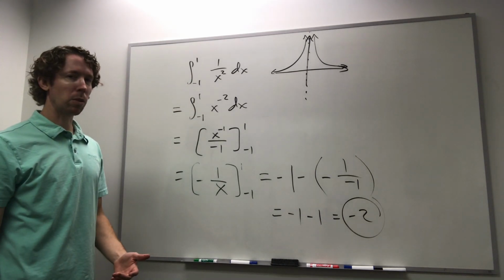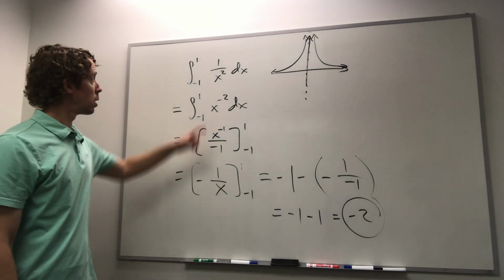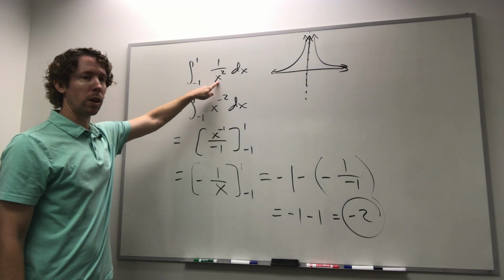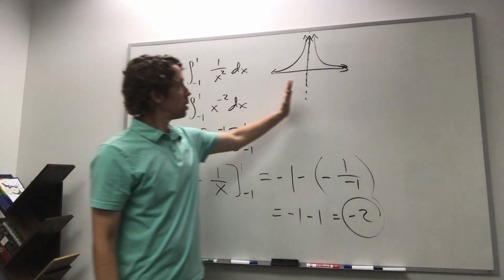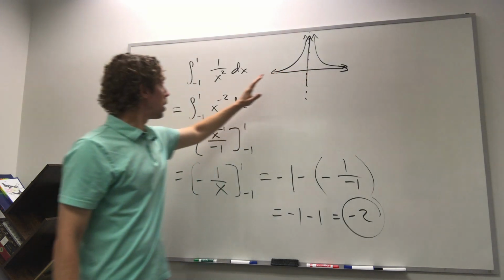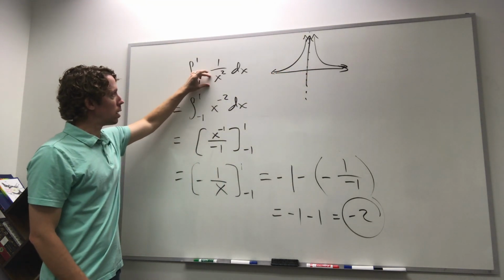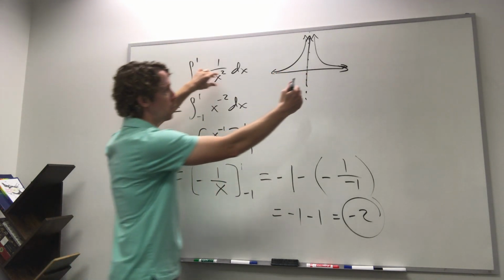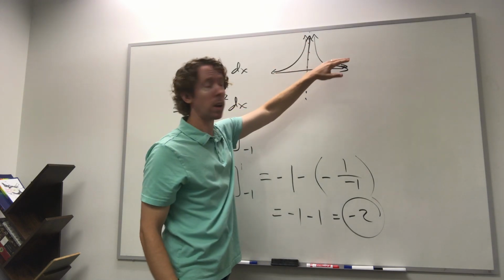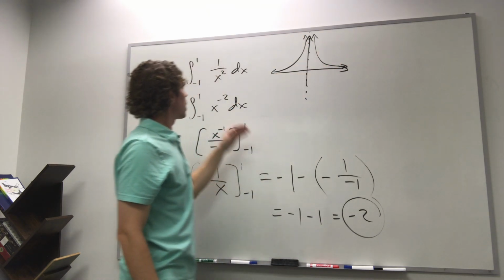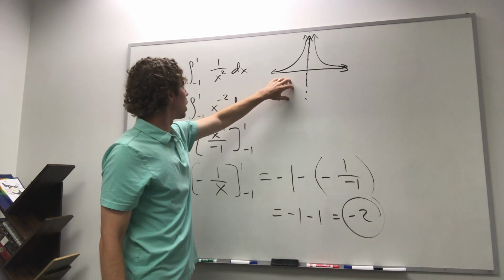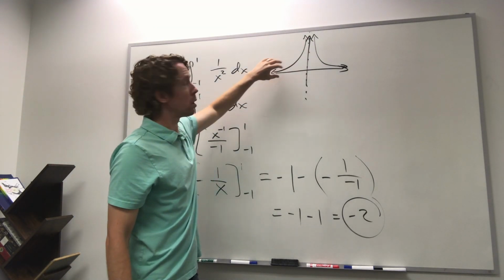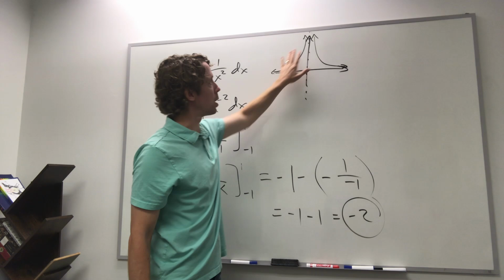Now, let's think about what the graph of 1 over x squared looks like. 1 over x squared has a vertical asymptote at x equals 0, like this. And on the right-hand side, when x is positive, it looks kind of like 1 over x. On the left-hand side, when you plug in negative values for x, you get positive y values, and it's going to be symmetric about the y-axis.